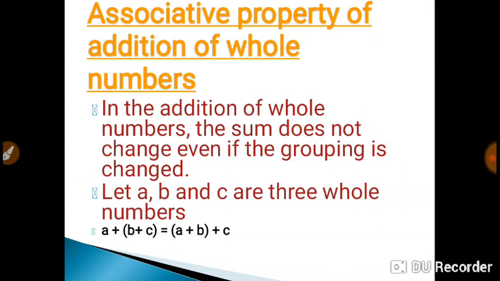Let us look at the next property, which is called associative property of addition of whole numbers. In the addition of whole numbers, the sum does not change even if the grouping is changed.